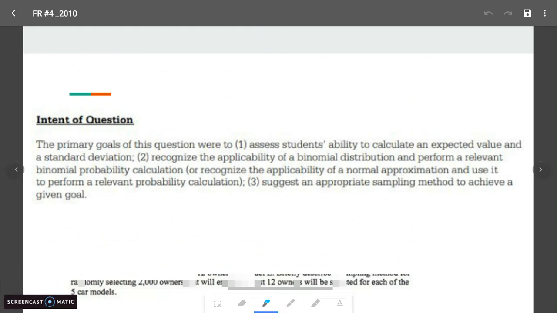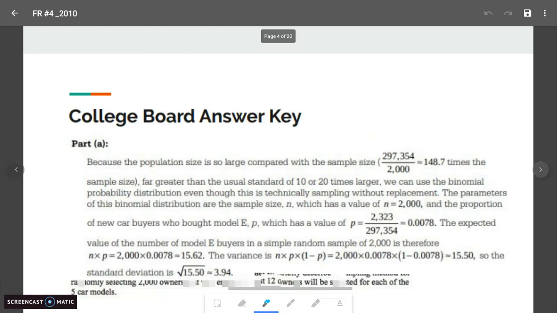That was what they saw in part B. And for part C, the third piece was to suggest an appropriate sampling method to achieve a given goal. College Board also gave out their answer key.